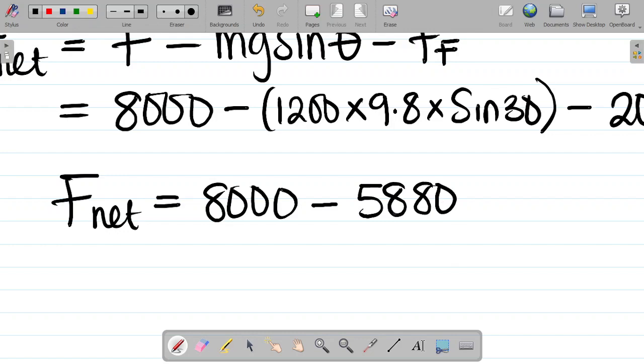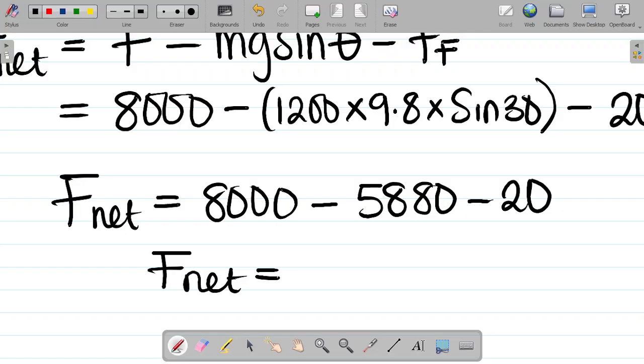Then minus 20. So F net is 8,000 minus 5,880 minus 20. This gives you 2,100 Newton. This is the net force.